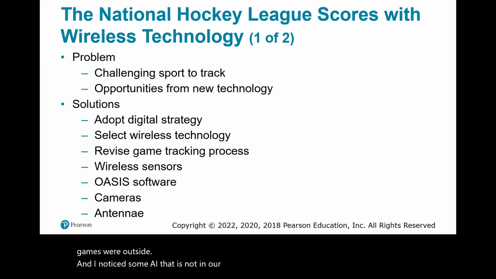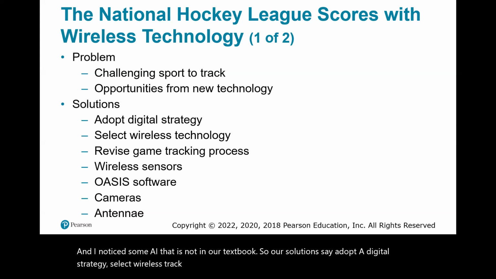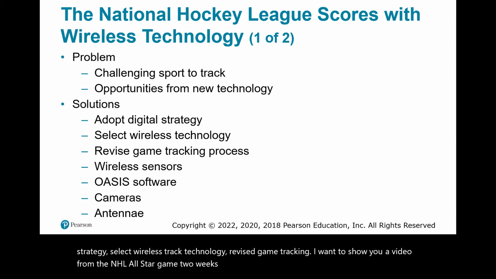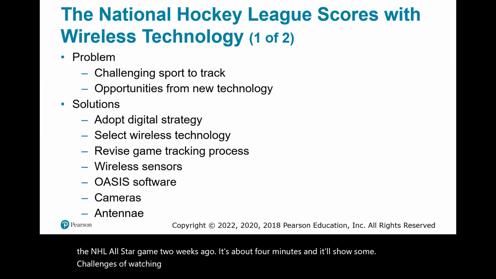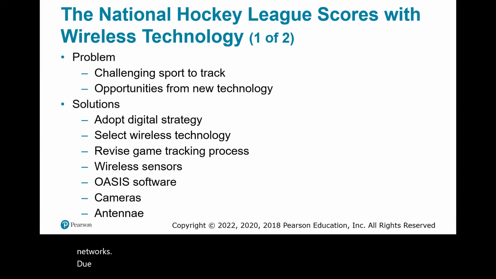So solutions say adopt a digital strategy, select wireless technology, revise game tracking. I want to show you a video from the NHL All-Star game 2 weeks ago. It's about 4 minutes, and it'll show some challenges of watching hockey, and it'll show some things that wireless technology and sensor networks do to help enable ease of viewing.